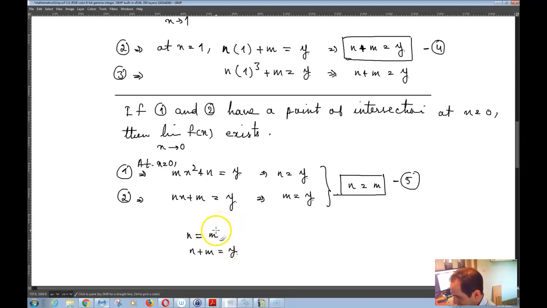I suppose that's the only thing that we need. If n is equal to m, then n and m could have any values really, but the values have to be exactly equal. So for the limit of f of x to exist, we need m is equal to n, for any integral value of m and n.